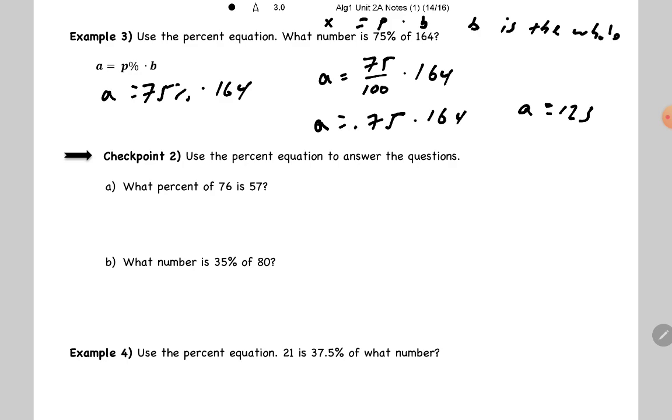Okay, use the percent equation to answer these questions. What percent of 76 is 57? So we need to know what our parts is. So this is B, that's the whole, right? This is A, our little piece here. Okay, so we do 57 over 76 equals P over 100.